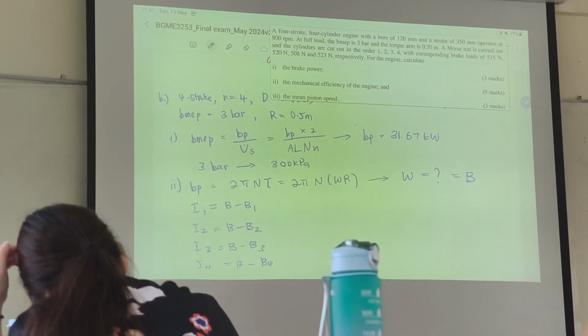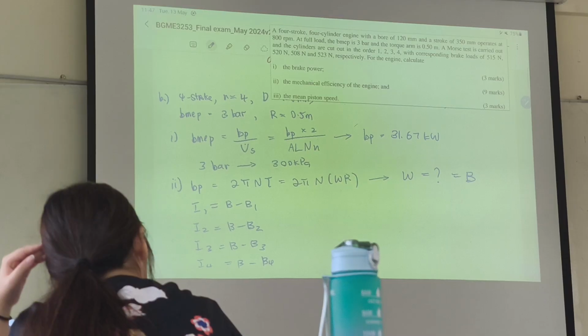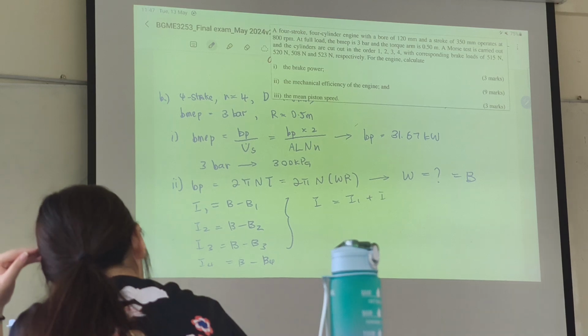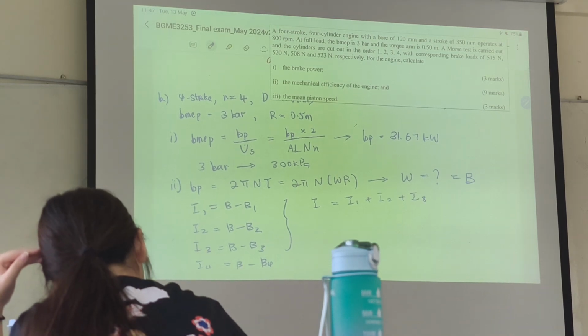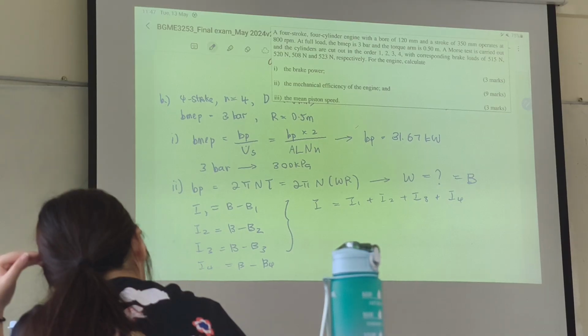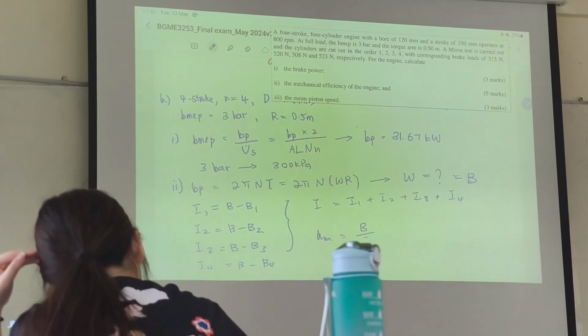After that, you substitute B in, minus each of B1, B2, B3, B4 respectively. From here, you should get I equals I1 plus I2 plus I3 plus I4. Your I here is also in terms of Newton. Then mechanical efficiency is just B over I.